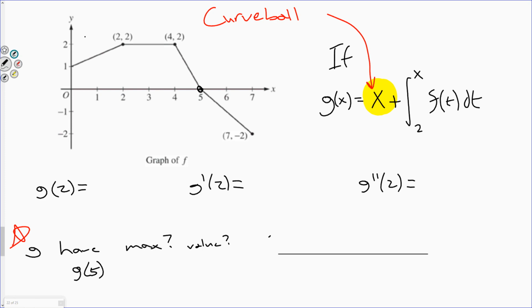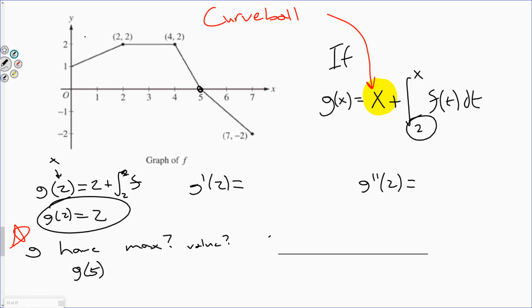For example, if I found g of 2, we would assume that since that's a starting point of 2, this would be 0. However, if I replace x with 2, I realize it's 2 plus the integral from 2 to 2 of f. And g of 2 is actually the value 2, not the value 0, because of this curveball.